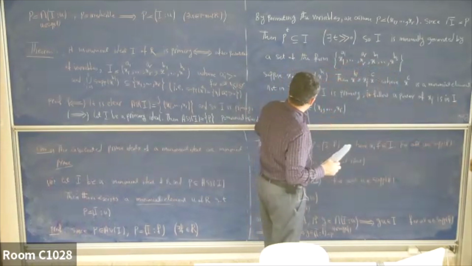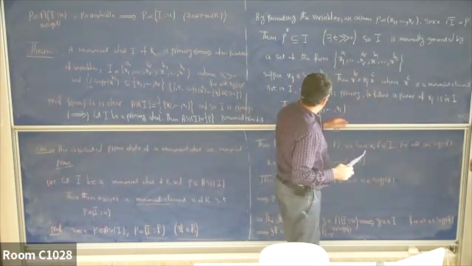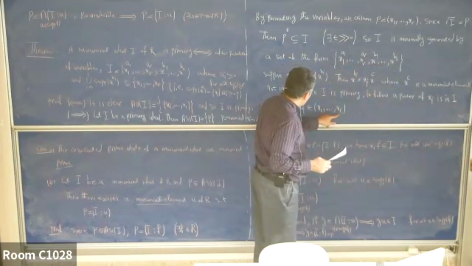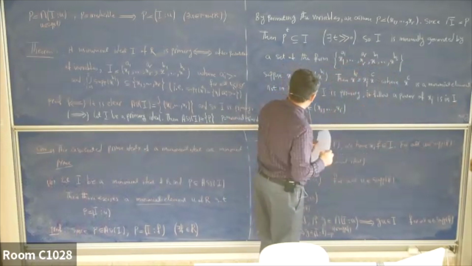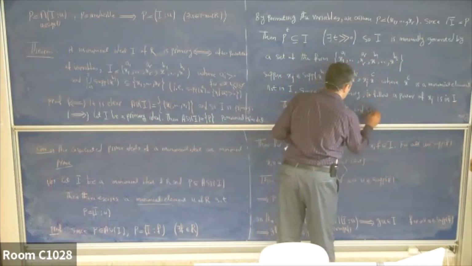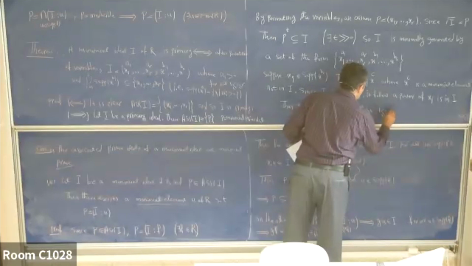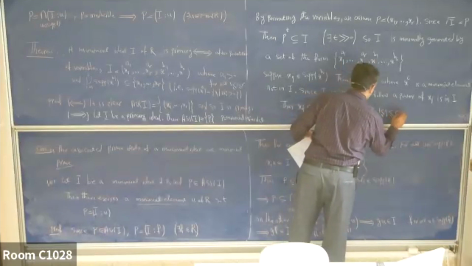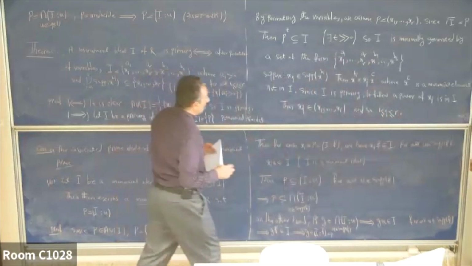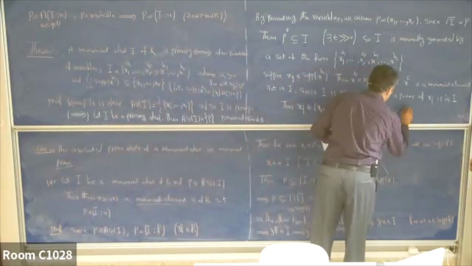So xj belongs to the radical ideal here, so xj is one of these variables, and so j is between 1 and r. And this completes the proof.